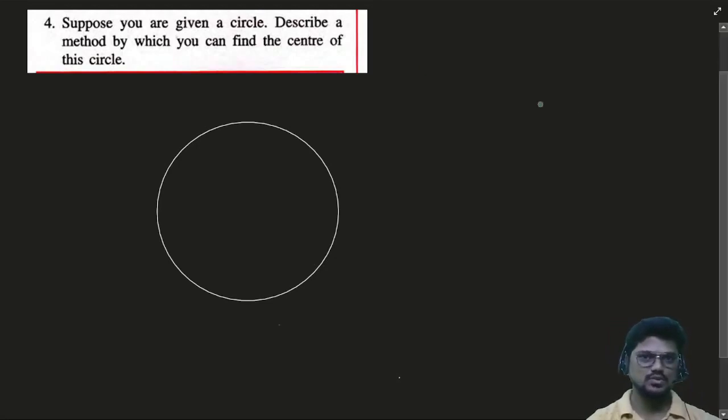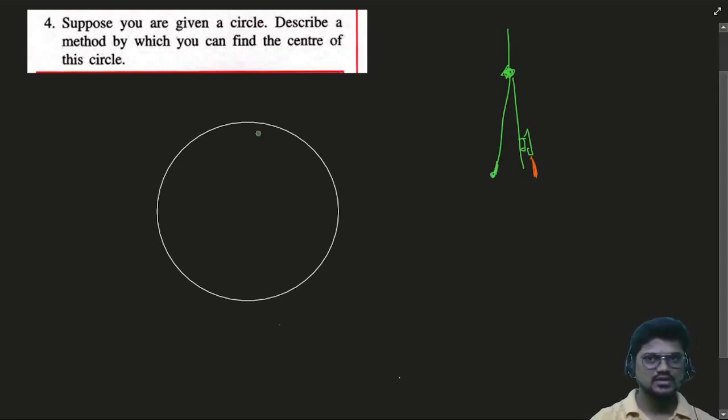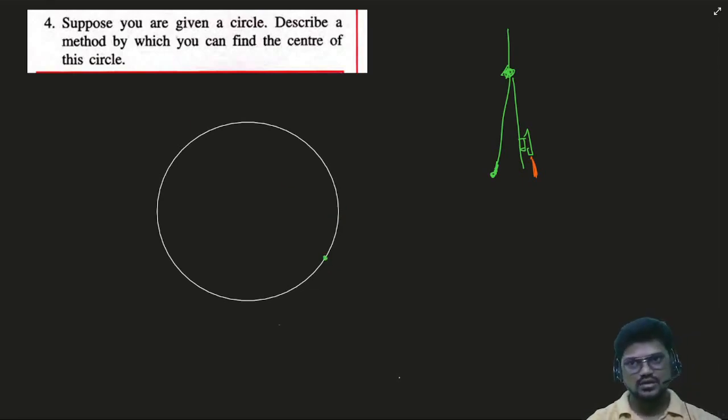Suppose this is your rounder, and there is a pencil over here, and this is your pencil point, and this green is the point. Suppose you put that green point over here, take any distance and cut two arcs like this.